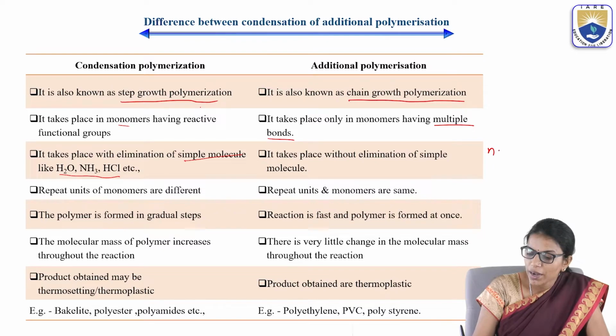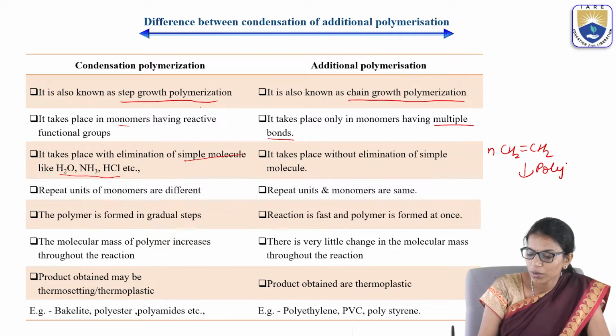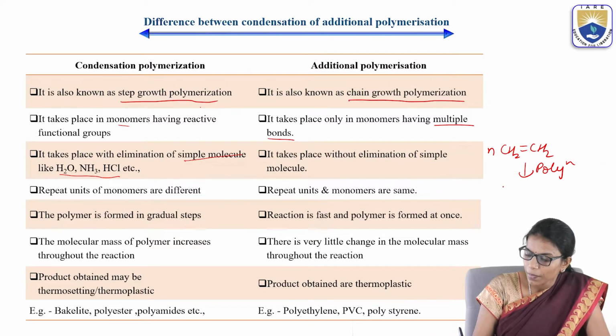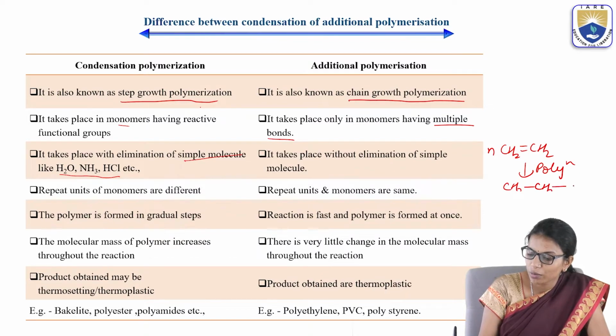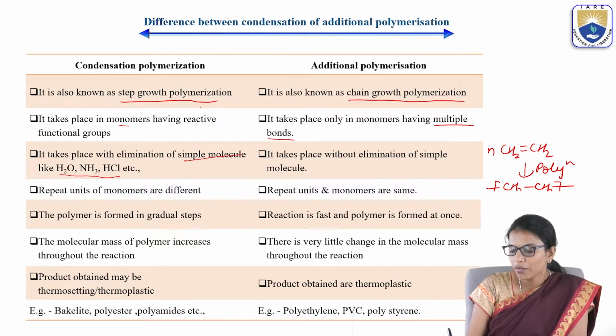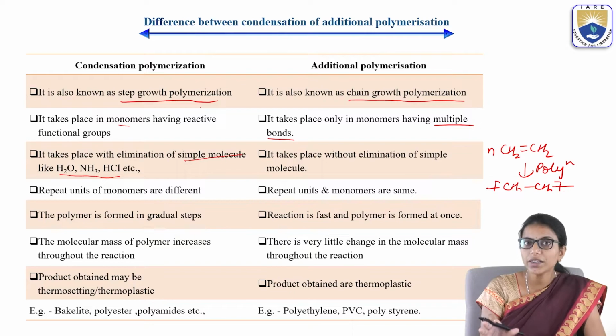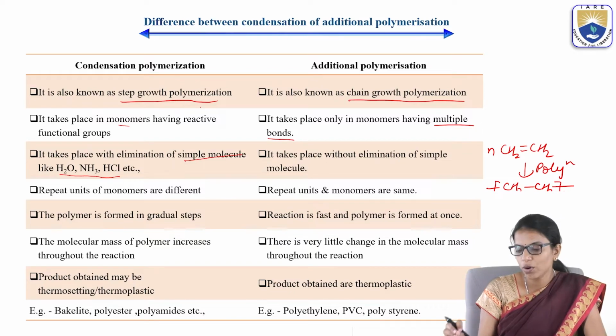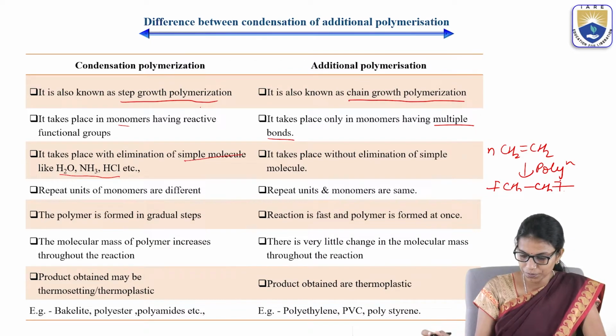That means n units of CH2=CH2 are taken, and after the polymerization process, CH2-CH2 is a single bond, because we are connecting ethylene molecules together through their two functionality.